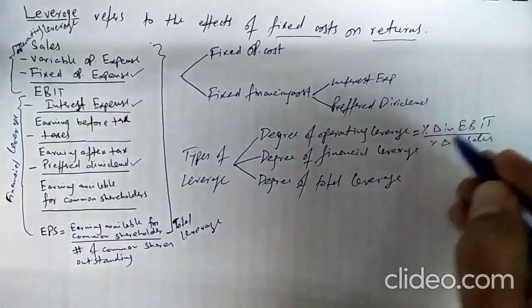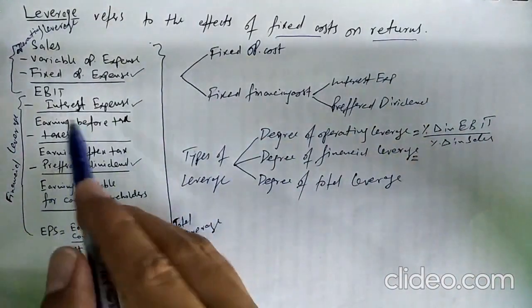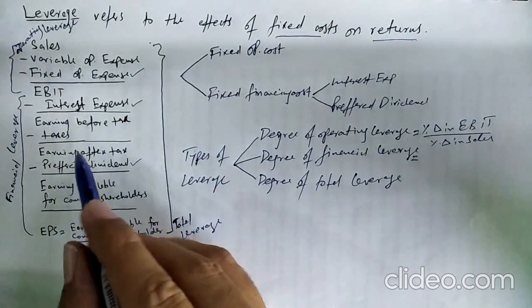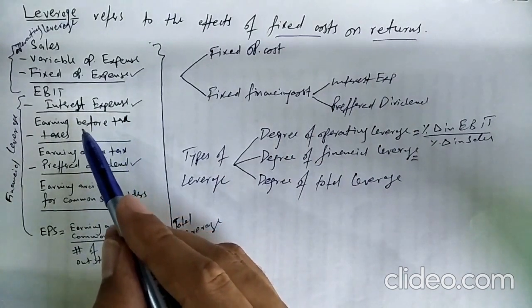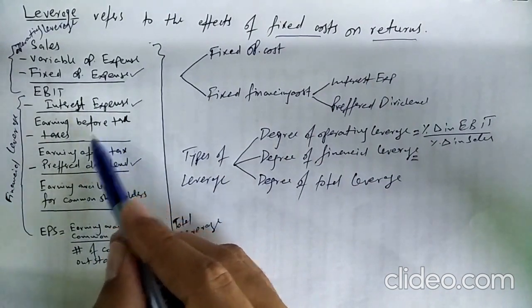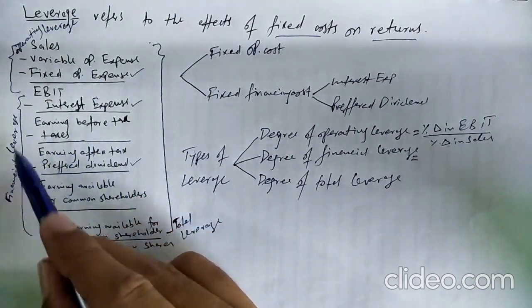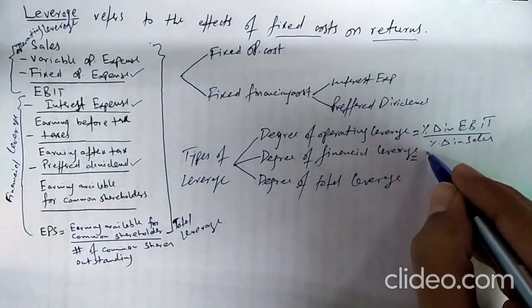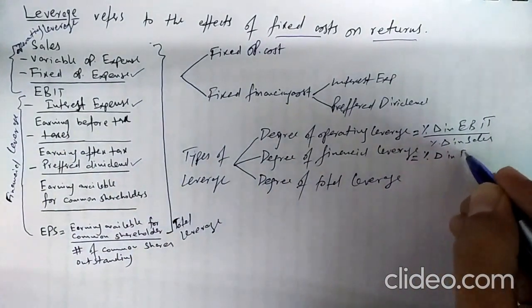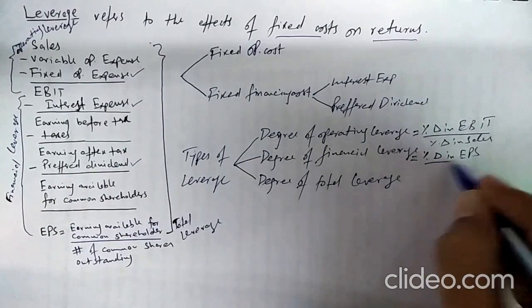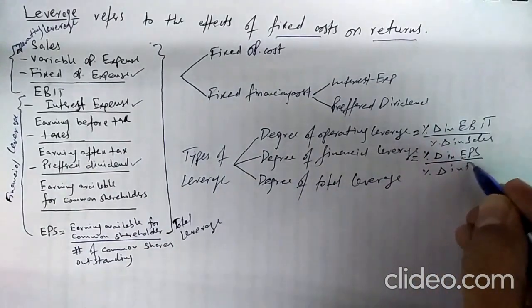sales. And the degree of financial leverage caters the impact of the two fixed costs. If we want to assess the impact of financing cost on returns, we calculate the financial leverage, and the formula of financial leverage is percentage change in EPS over percentage change in EBIT.